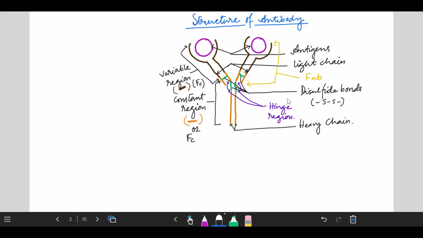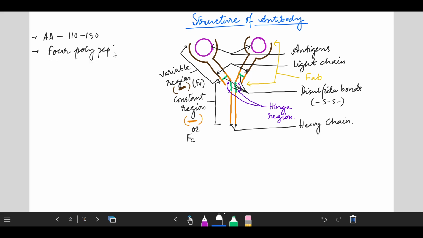Now we need to be clear about what the structure is. Antibody actually consists of 4 polypeptide chains, and the variable region is composed of 110 to 130 amino acids. 4 polypeptide chains means 2 light chains and 2 heavy chains.